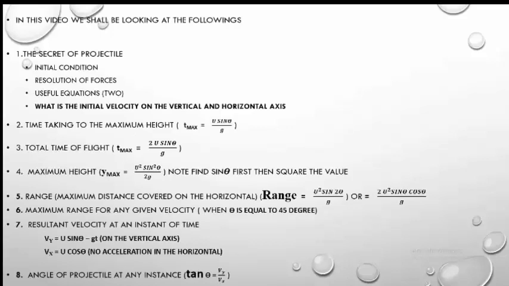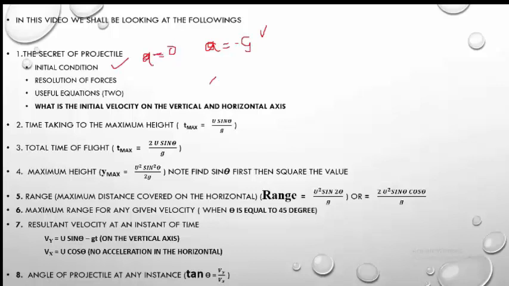So let's look at the initial condition. We have been able to look at this: g is equal to 0 on the horizontal, and a is equal to minus g on the vertical. On the horizontal, a is equal to 0.